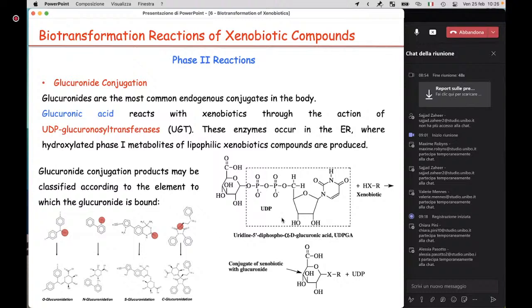But uridine is this. And you may remember from ATP, for example, adenosine triphosphate. This is uridine diphosphate linked to a glucuronic acid molecule.